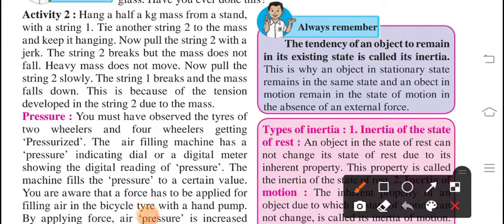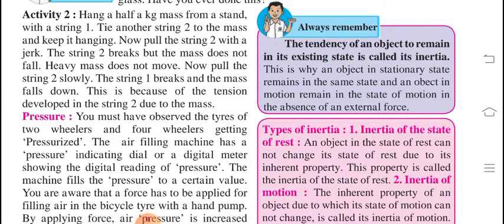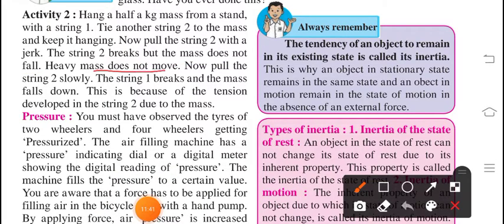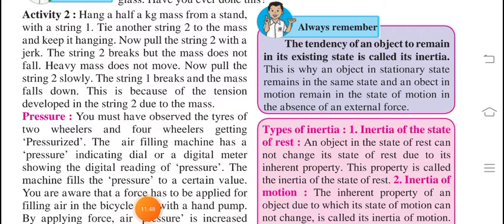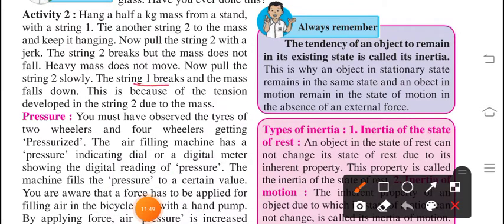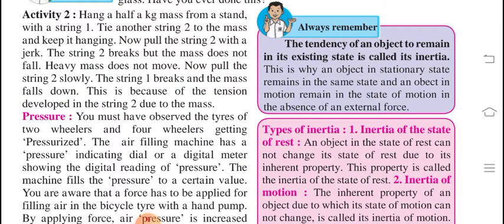The heavy mass does not move. Now pull string 2 slowly. String 1 breaks and the mass falls down. This is because of the tension developed in the string due to the mass.